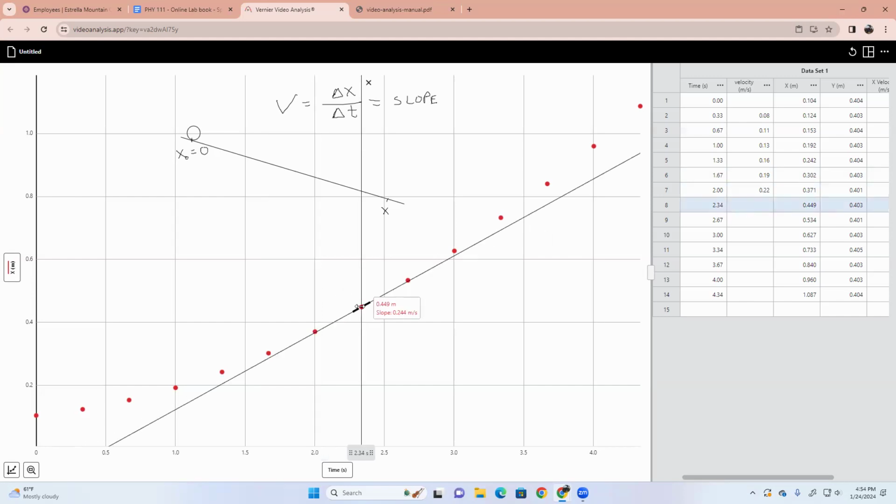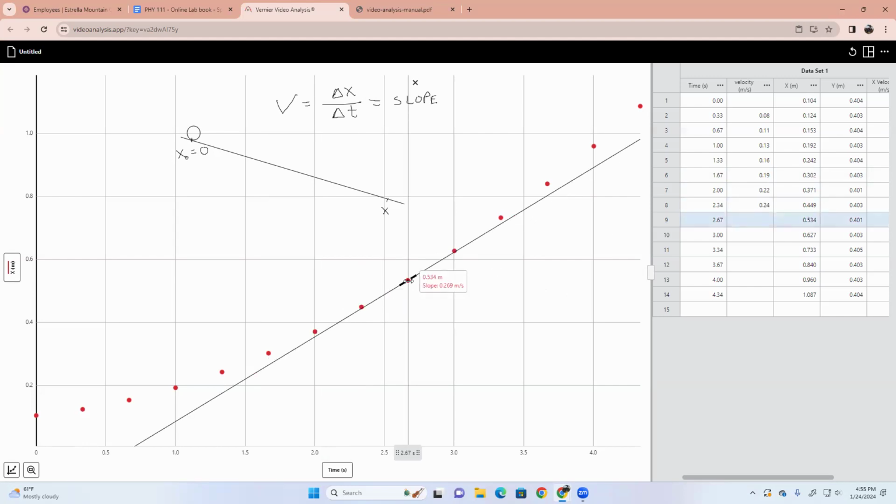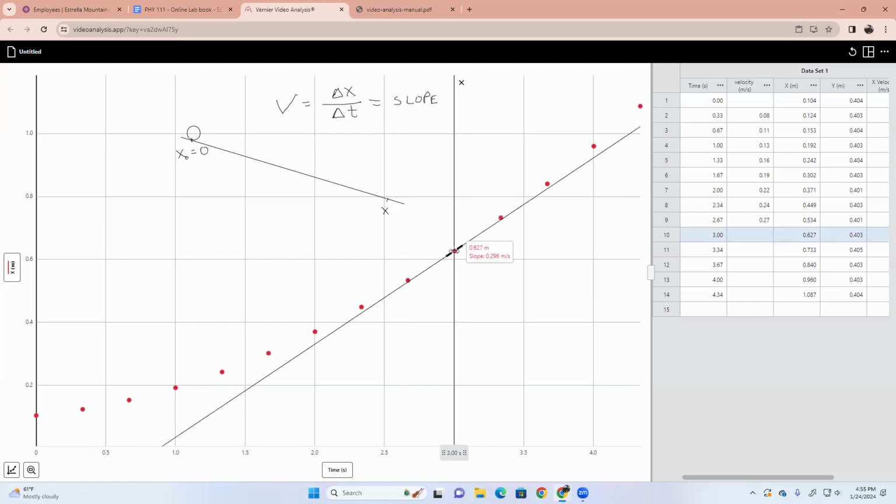At 2.34 seconds, the slope is 0.24. At 2.67 seconds, the slope is 0.27. At 3 seconds, the slope is 0.3.